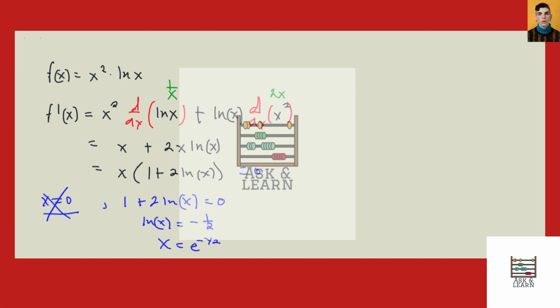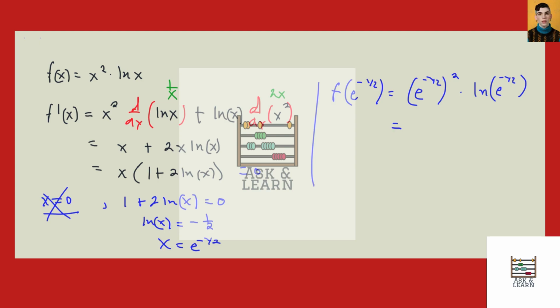And let's plug that in to see what we get. So f of e to the negative 1/2 is going to equal e to the negative 1/2 squared times natural log of e to the negative 1/2.